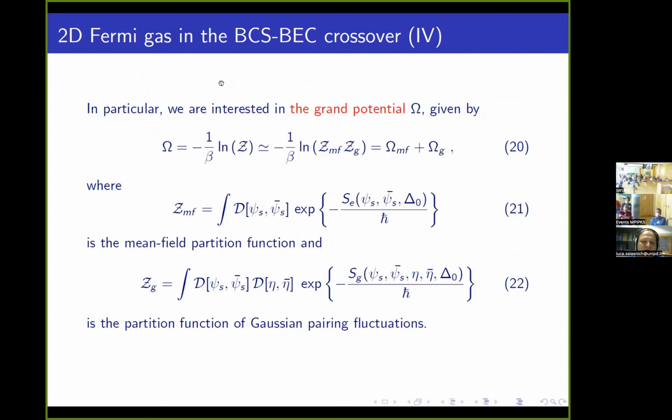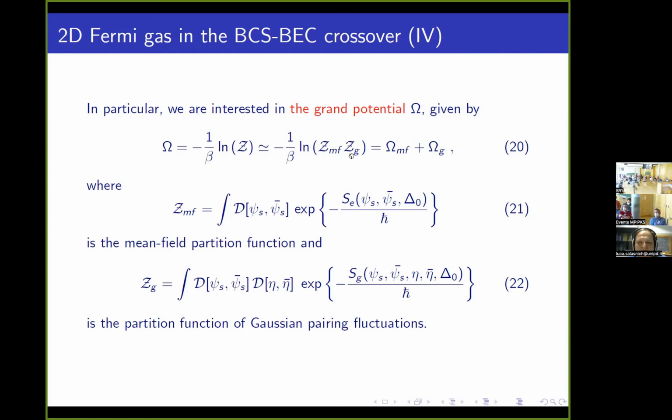We are in particular interested in the grand potential, capital Omega, that can be related to the partition function by this formula, namely the grand potential is simply minus 1 over beta, where beta, remember obviously, is 1 over the absolute temperature T, times the logarithm of the partition function.